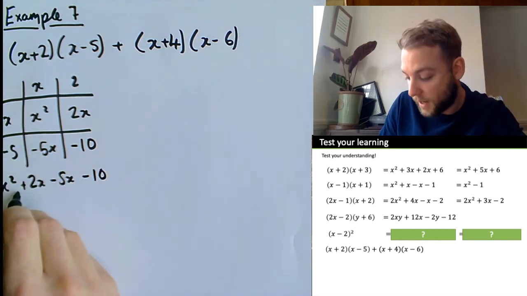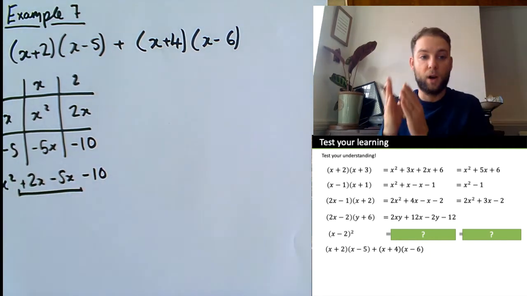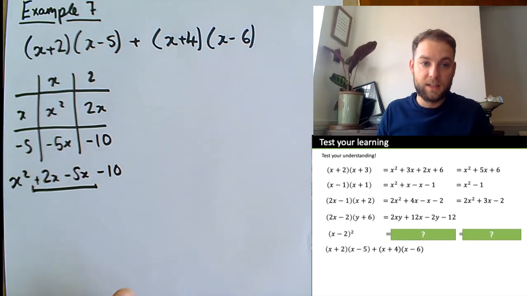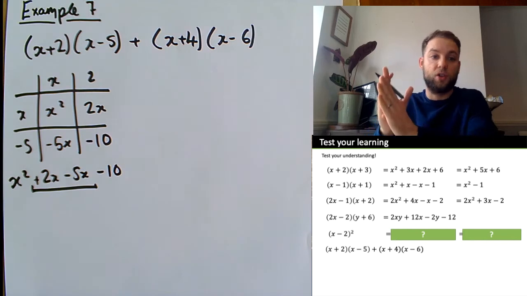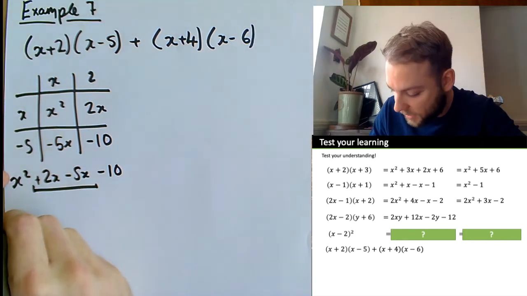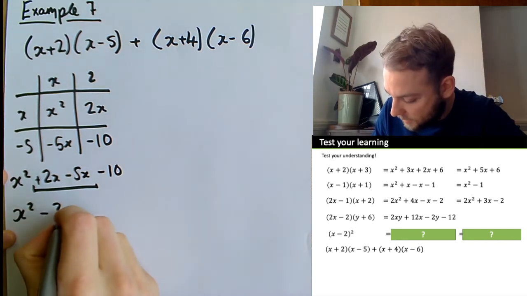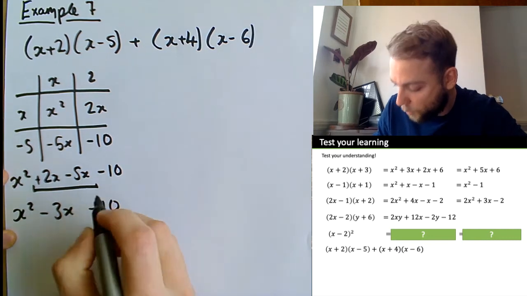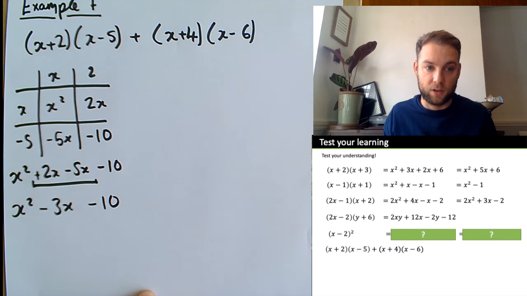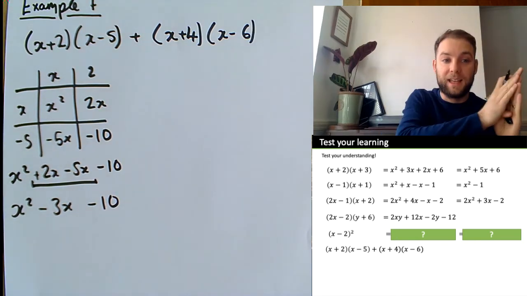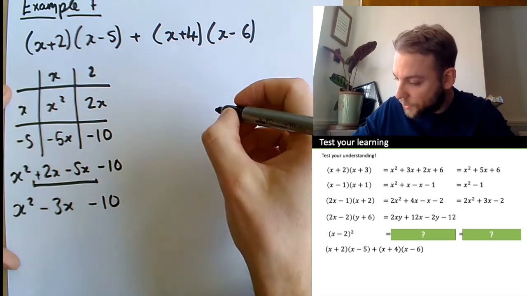The part I can simplify is this middle part. So what is 2x take away 5x? Well, I'm starting at 2, I'm taking away 5. That's going to be minus 3x. Remember, where am I starting? What am I doing? I'm starting at positive 2, and I'm taking away 5. So that's that first one done.